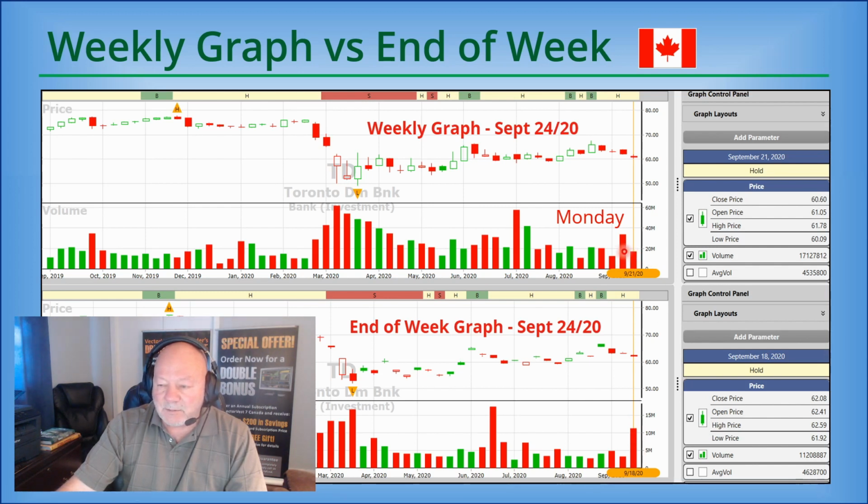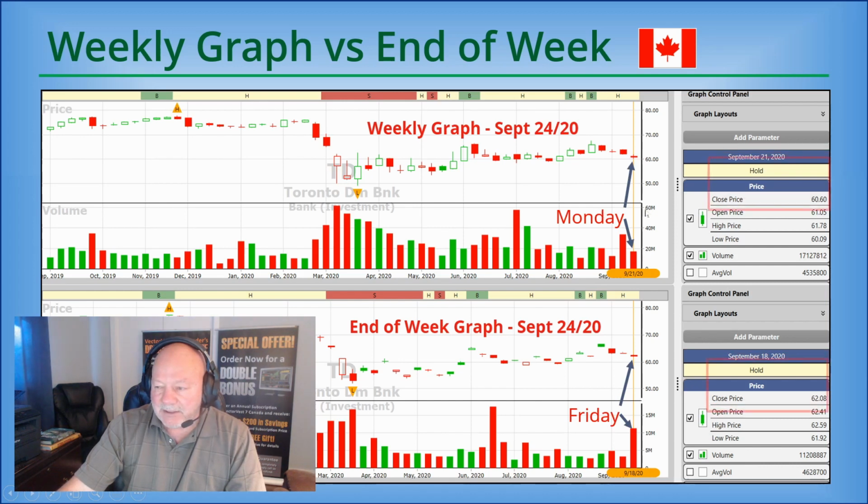Here we have the Friday close information with all of that accumulated data part of this candlestick, and then the next candlestick on the Monday starts to accumulate data, and as Monday, Tuesday, Wednesday, Thursday, Friday go along, the information will be accumulated into this one candle. Quite a big difference.